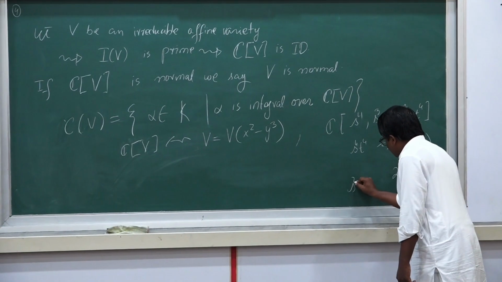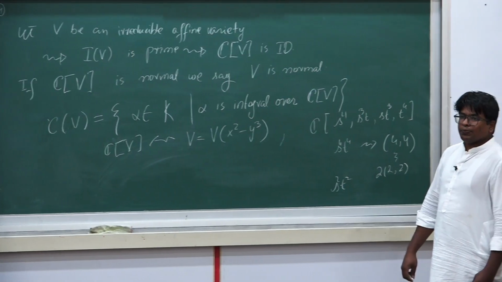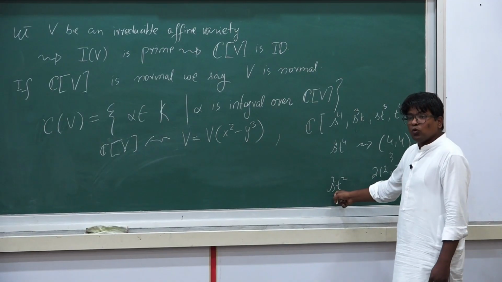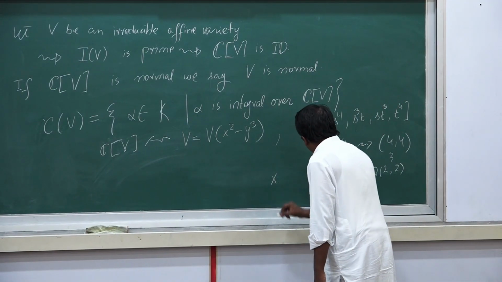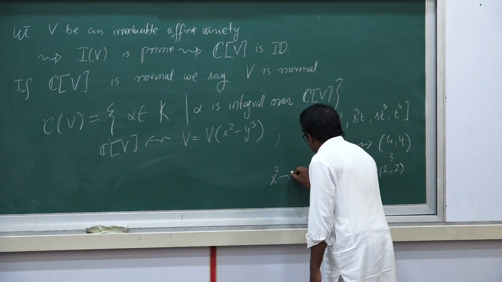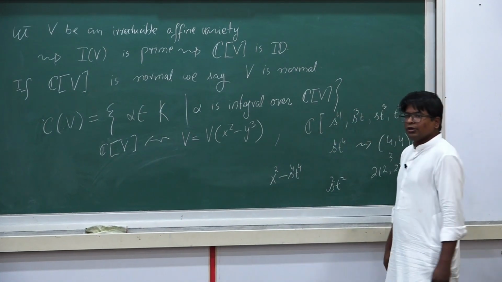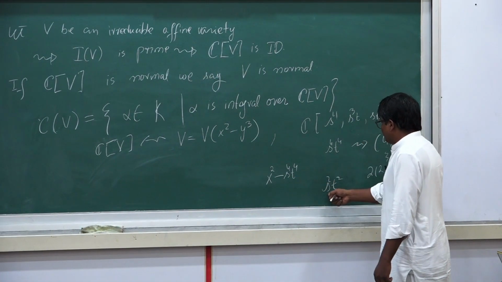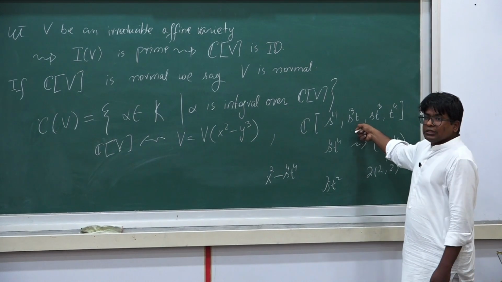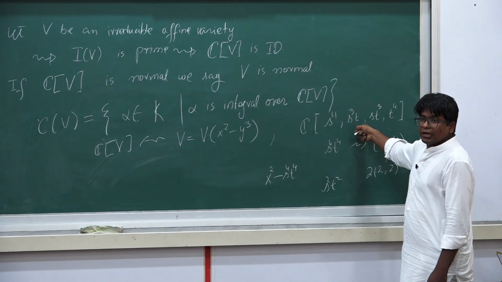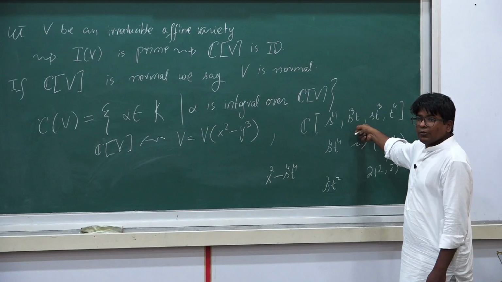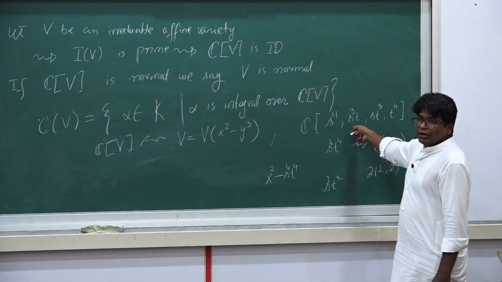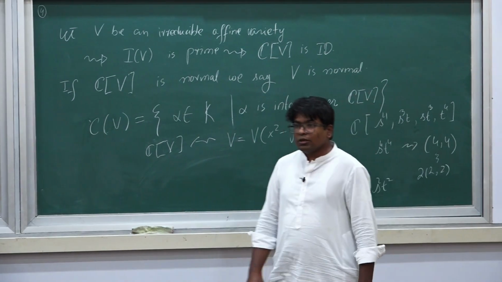So there is another element S^2 T^2, and this S^2 T^2 is the root of the monic polynomial x squared minus S^4 T^4. The problem is that this element cannot be in this ring. So this coordinate ring is not normal.